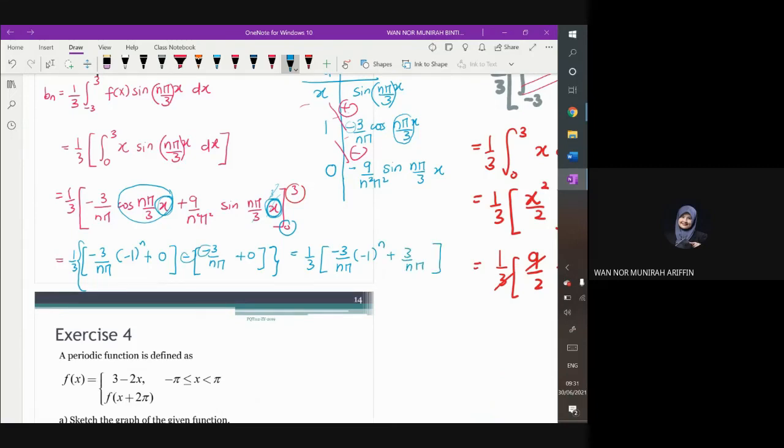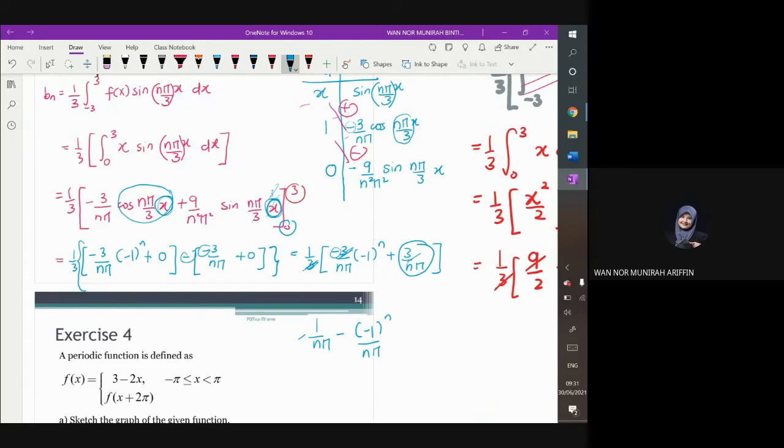So this 3 can simplify, so that I will have 1 over n pi, minus negative 1 to the n. Here only 1 over n pi is left, and the 3 has cancelled out with the one outside earlier, so I have minus negative 1 to the power of n. Don't forget n pi.